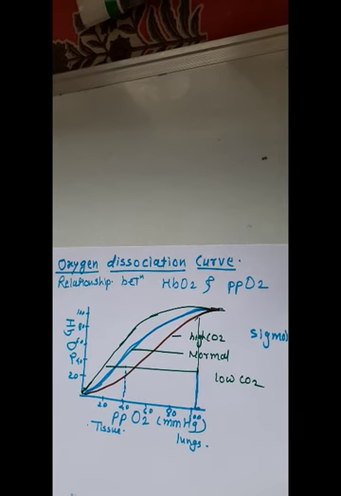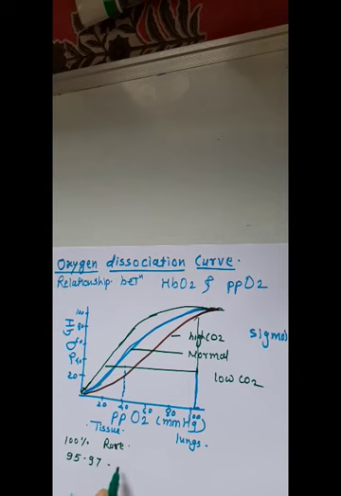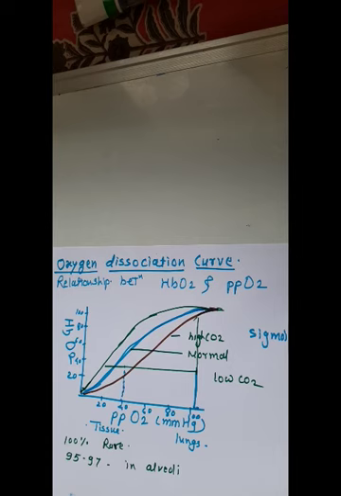The 100% saturation is rare. Maximum saturation is about 95 to 97%, and it is present in the alveoli. The degree of saturation decreases due to the dissociation of HbO2.